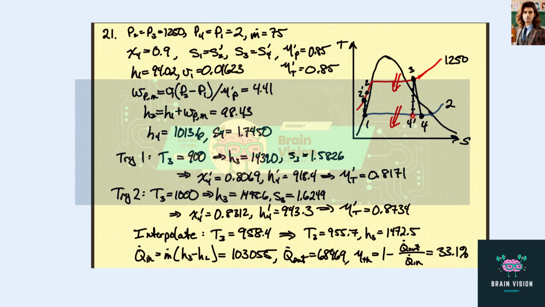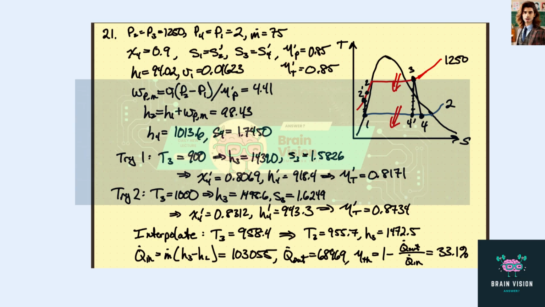So now we can figure out the actual quality factor at 4 and the enthalpy at 4. Now we know the enthalpy at 3, the enthalpy at 4 prime, and also the enthalpy at 4. So we can calculate the isentropic turbine efficiency. If we pick a temperature here, we get about 81.7%. That's too low.